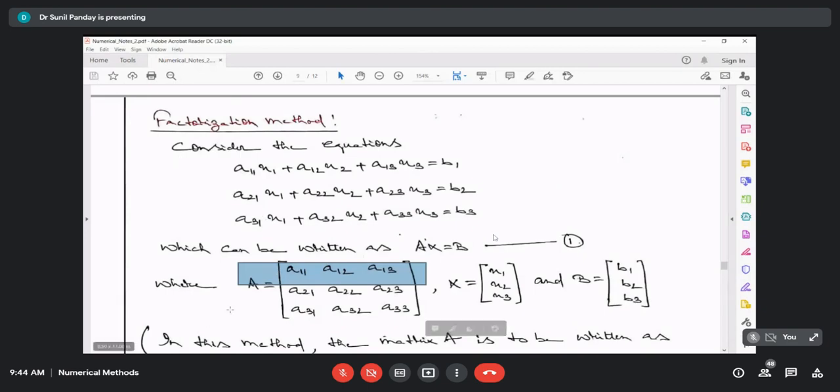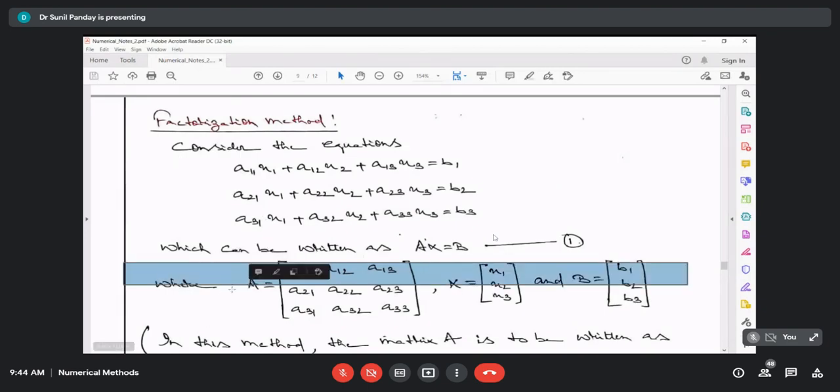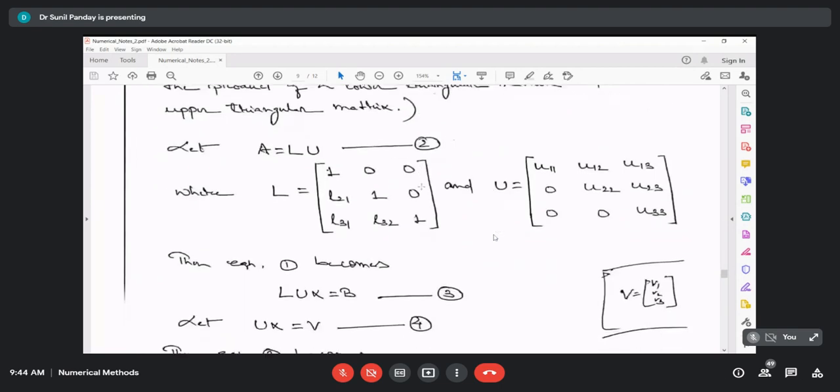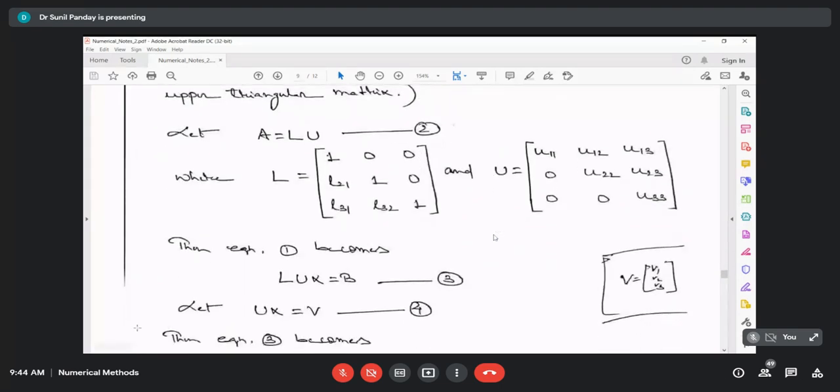So in this factorization method, we are actually factoring the matrix A as a product of two matrices. One is L, another one is U. The types of L and U are of this kind. L has all entries of the main diagonal equal to 1, and L21, L31 and L32 we have to calculate.